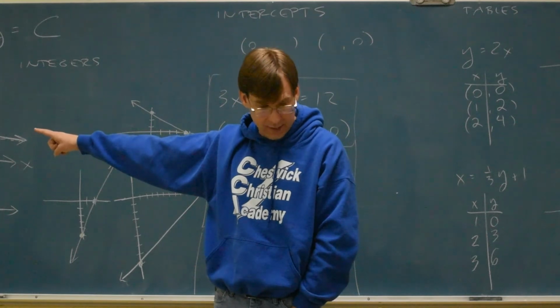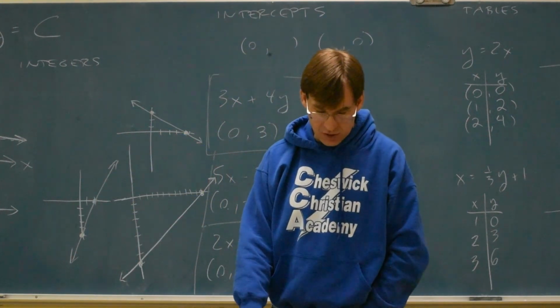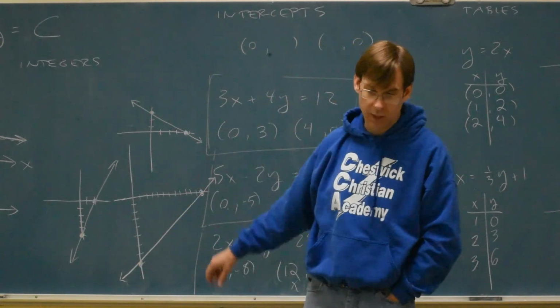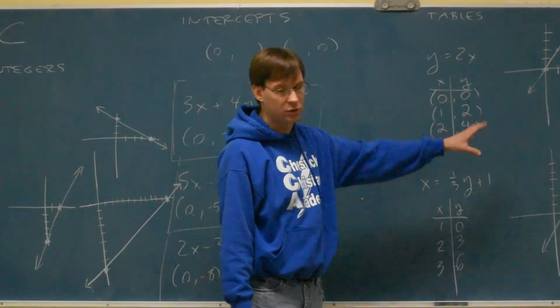And then 17 to 20 is kind of a mix. Some of 17 to 20 are friendly for the intercepts system. Some of them have a variable alone, so it's friendlier for the table system.